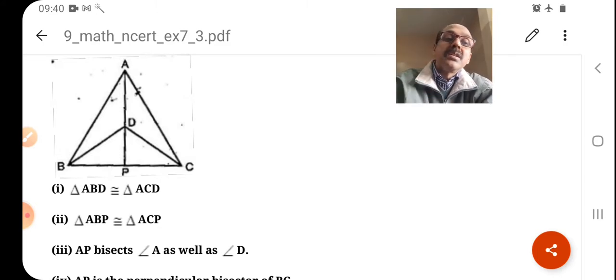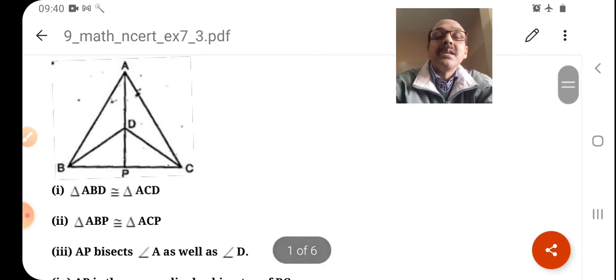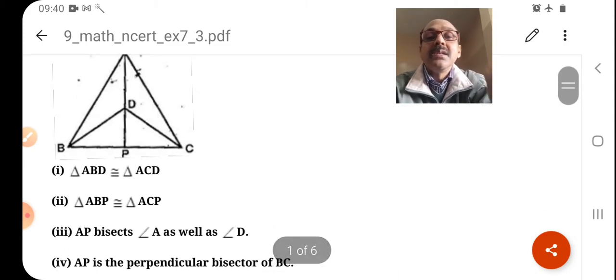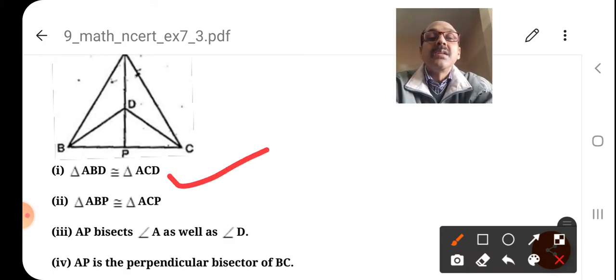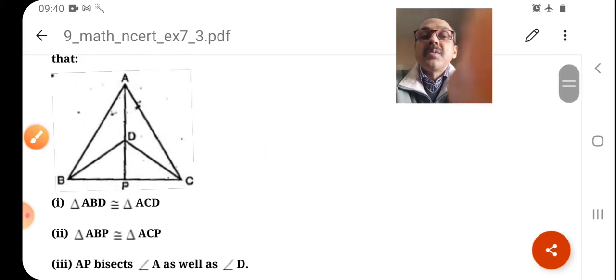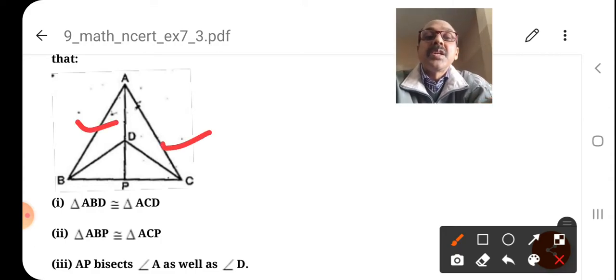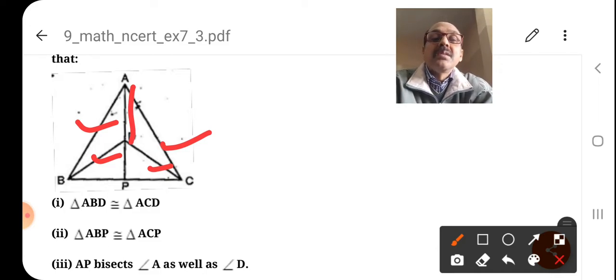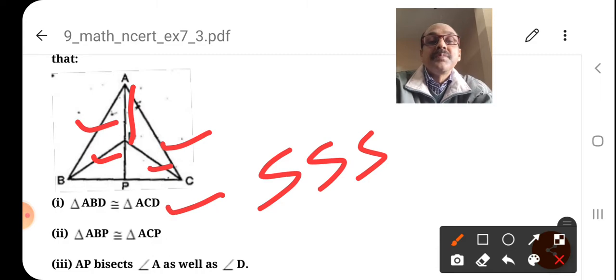So we get 3 conditions on all our sides. By SSS congruency, we can say triangle ABD is congruent to triangle ACD. Once more: number 1 is AB equals AC, number 2 is BD equals CD, and number 3 is AD is common. So triangle ABD is congruent to triangle ACD by SSS congruency.